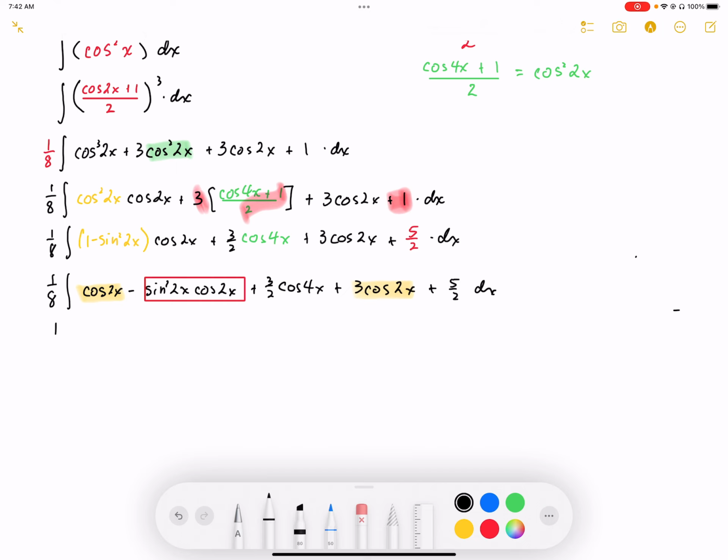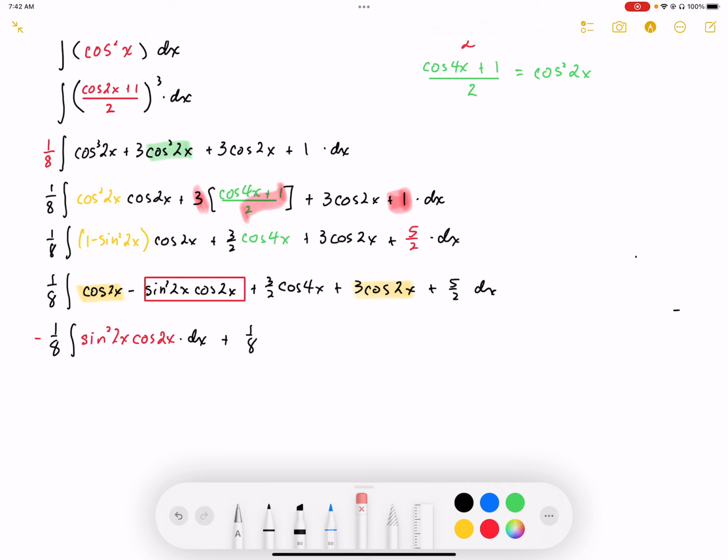So this and this are going to combine to the next step. So I have 1 over 8 cosine, and I'm maybe going to split some of this up. So I'm going to make the sine squared 2x and cos 2x a separate integral, plus 1 over 8. And I'm just going to group together a few things and then anti-differentiate that.